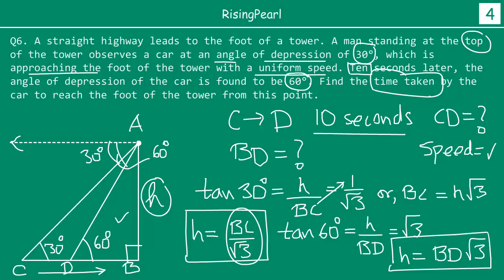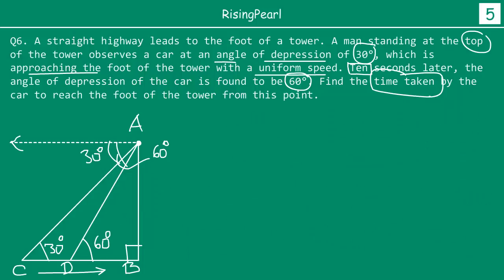Let's give ourselves a little more space. So we have h is equal to BC divided by square root 3, and also we saw h is equal to square root 3 times BD.